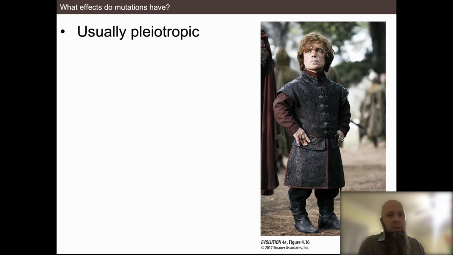mutations to particular genes are generally pleiotropic. And that term means having multiple effects. Okay, so pleiotropic mutations have more than one effect. And an excellent example of the pleiotropic effects of mutations is the dwarfism that you see here in Peter Dinklage, reprising his role in Game of Thrones as Tyrion Lannister, right?